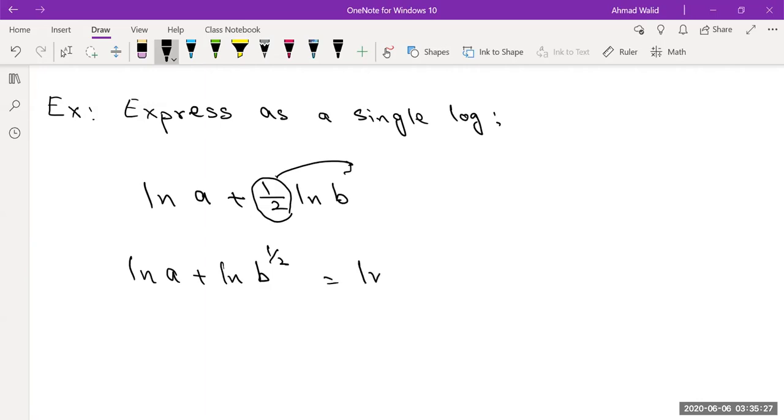Then you can write ln of A times B to the power of 1/2. B to the power of 1/2 means a square root. You can write your answer as ln of A square root of B, final answer. You see, it was an expanded form. You change it to one single logarithm.